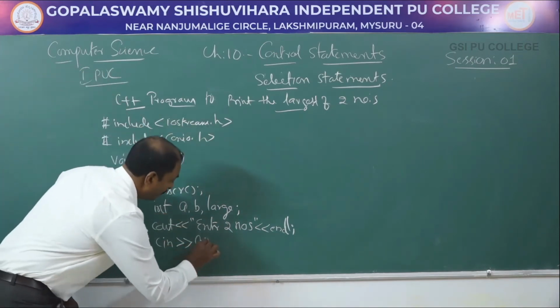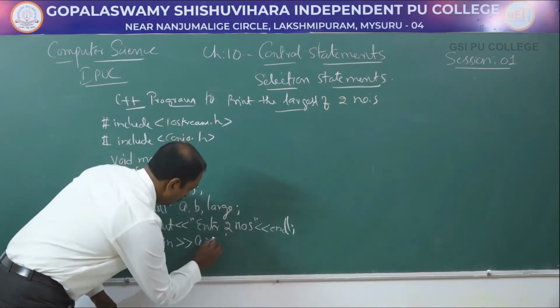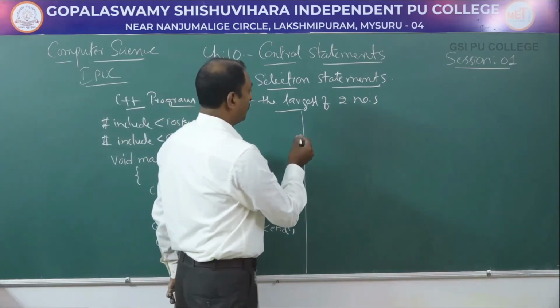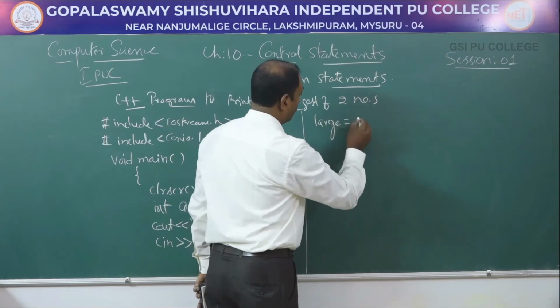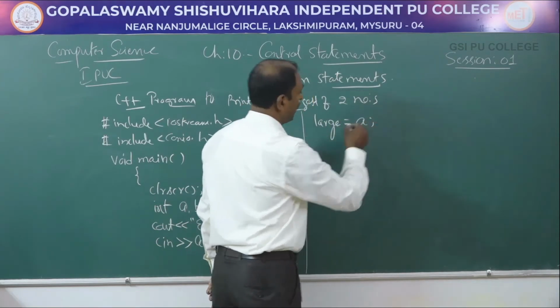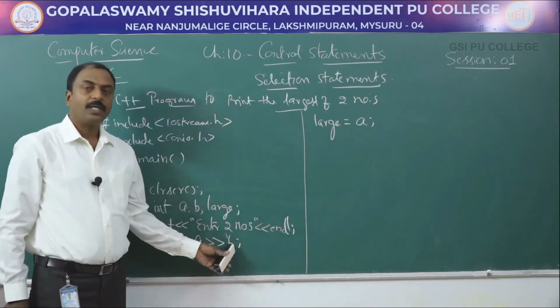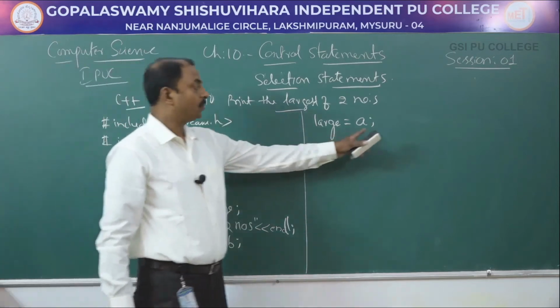Here a is one variable, one more variable is b. The logic here is, now let us assume that variable large be equals to a. This is one of the logic. Out of two numbers, we'll assume that a be the largest of two numbers.